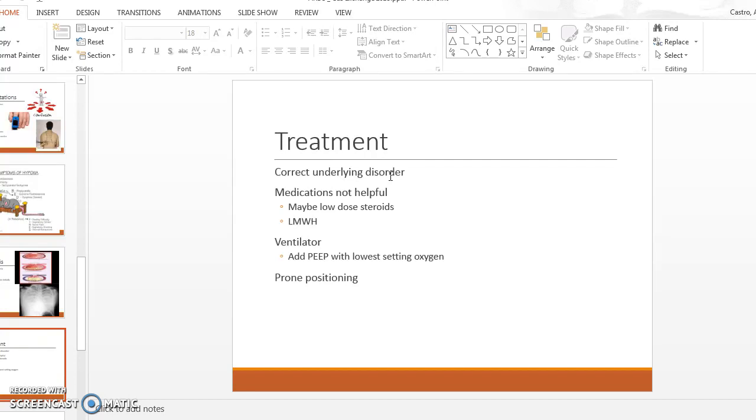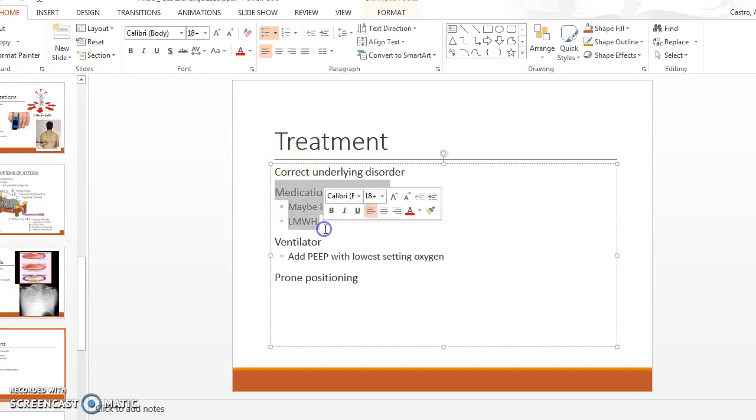And the faster we treat that pneumonia and the faster we provide cardiopulmonary support via a ventilator, the better the patient's chances of survival are. So there are medications, but the medications that we're going to give are going to be targeted at the underlying disorder and keeping the patient comfortable on the ventilator.